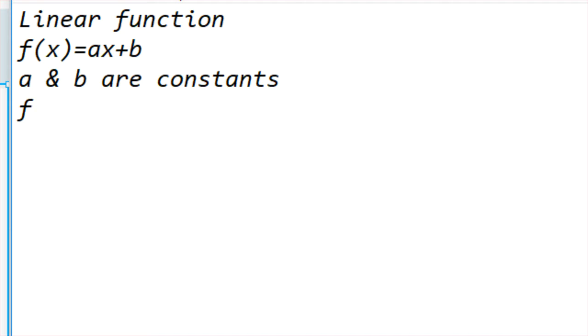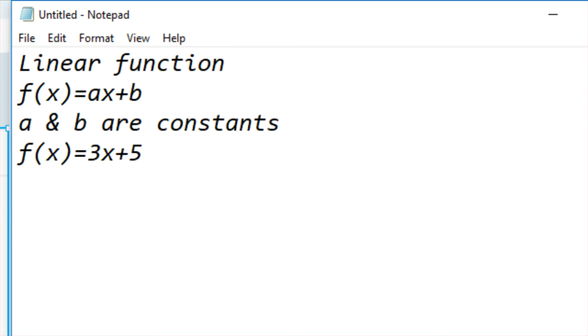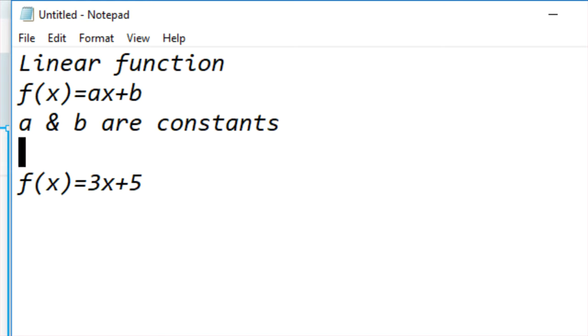f of x is equal to 3x plus 5. This is a typical example of a linear function. As I have said, a linear function is f of x equals ax plus b, where a and b should be constants. Example, f of x equals 3x plus 5 is a typical example of a linear function.